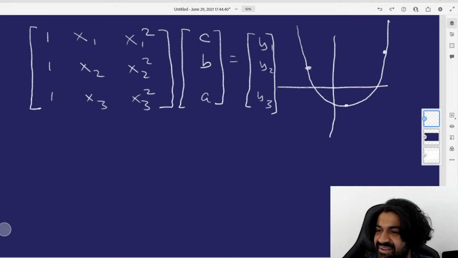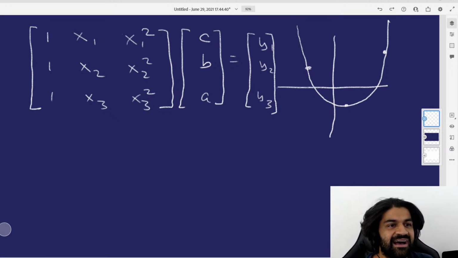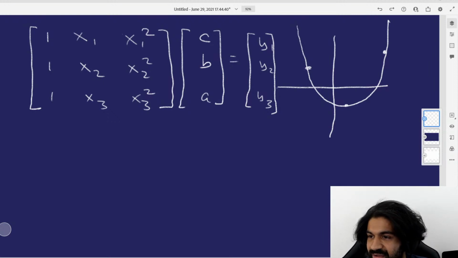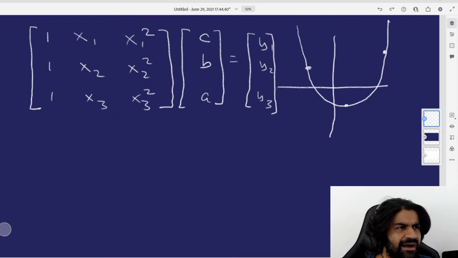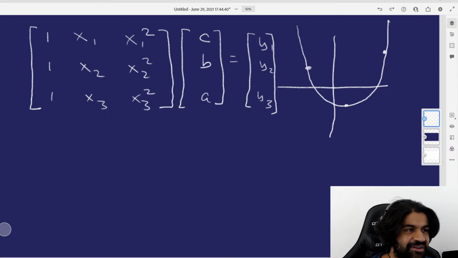And okay, how do you know? So essentially, I'm asking how do you know it exists, and how do you know that there's only one? Basically, one will exist if and only if this system of equations has a unique solution, right?